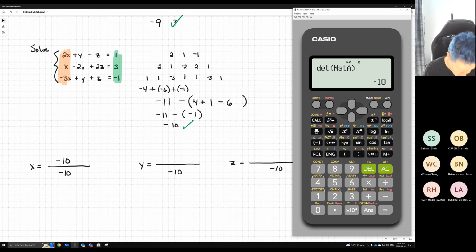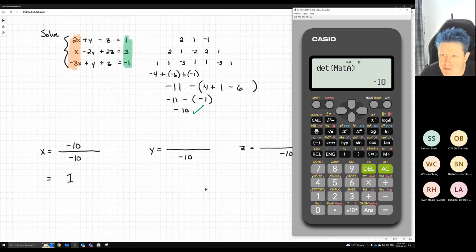Let me make sure that that's stored, because -10 divided by -10 is 1. But let's see if that's stored correctly. I'm a little bit concerned it did not store. Go back into my matrix mode, and let's look at matrix A again, which is 3 by 3.